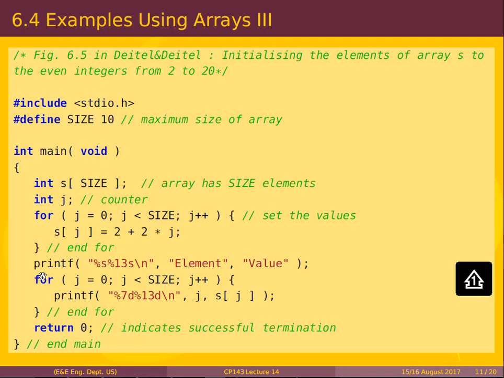After this for loop, Sj now contains all those values: 2, 4, 6, 8, 10. But this for loop over here prints it out. Here we just print with %7d and %13d, so we're printing 2 integers. j is 1 integer, that's just the index of the array, and Sj is the value of the array. So this for loop sets the values, and this for loop prints it out.